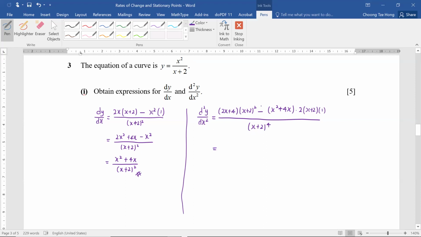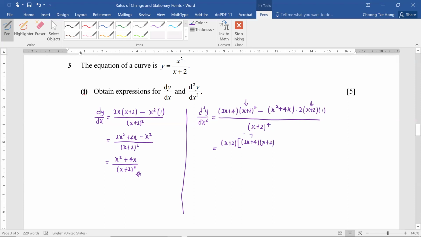Then the square of (x plus 2) squared will become (x plus 2) to the power of 4. Right? Then from here, you need to ask yourself, what can you do to simplify this particular expression? You should see that there's a common factor x plus 2. So let's take out the x plus 2. Over here, you are left with 2x plus 4 and another x plus 2.